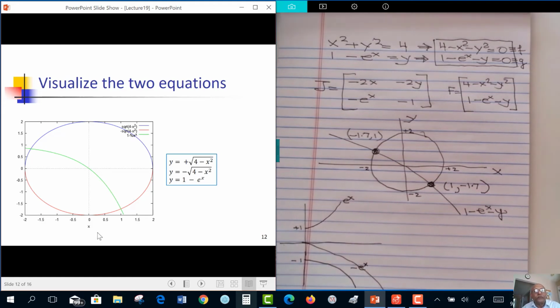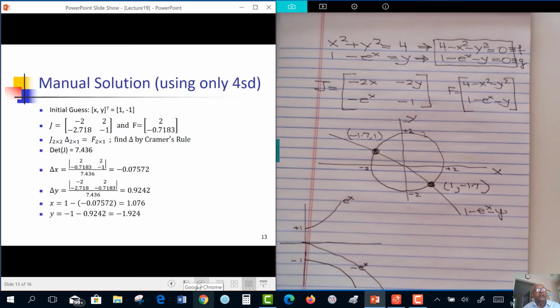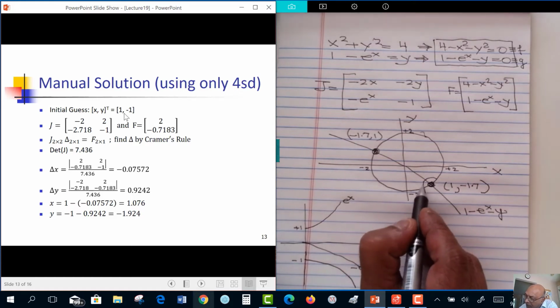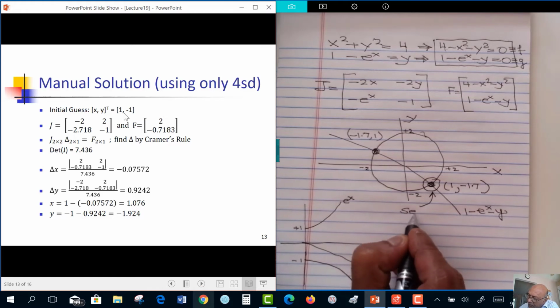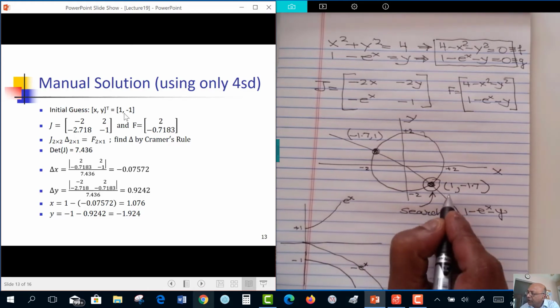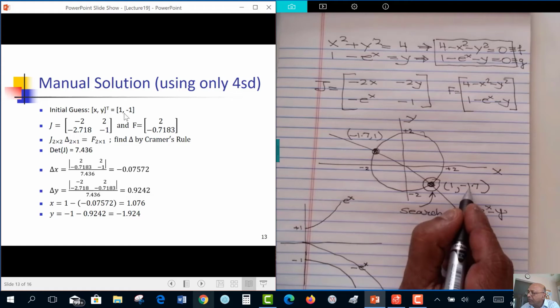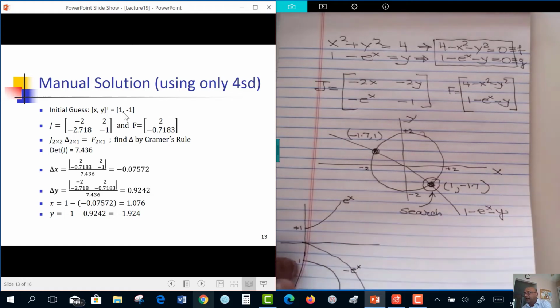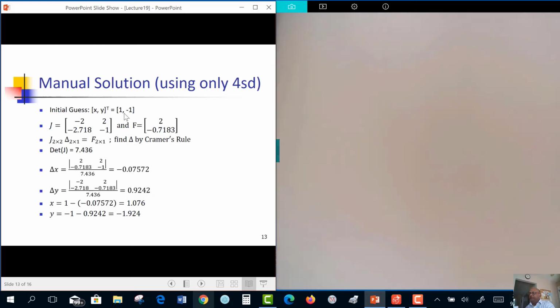So what we are going to do is start with the initial guess of 1 and negative 1. So we are shooting for this solution. Instead of using initial guess 1 and minus 1.7, I'm going to use minus 1 just to make my calculations easy.